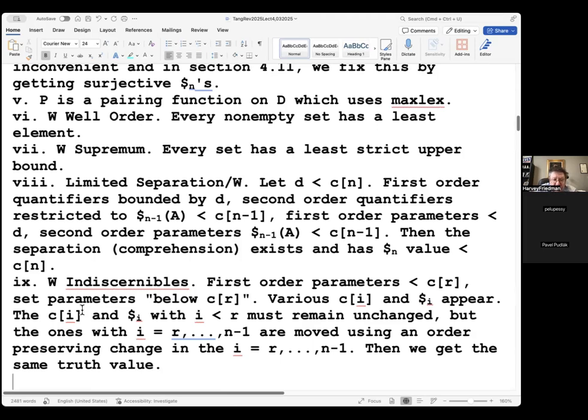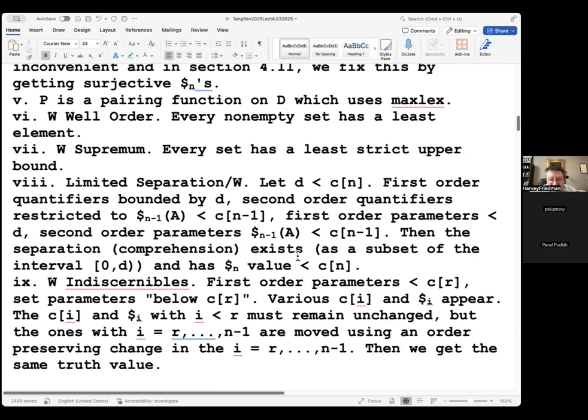Then the separation exists as a subset and has $n value less than Cn. Okay, that's what we get from the work in chapter 10.